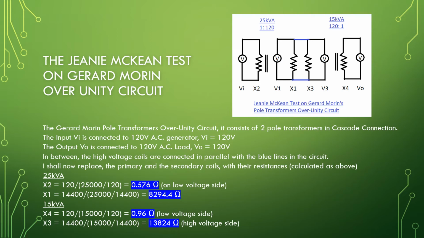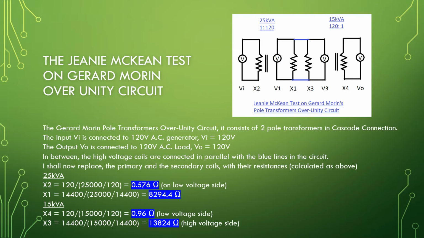X1 equal to 14,400 divided by 25,000 divided by 14,400 equal to 6,294.4 ohm. 15 kVA, X4 equal to 120 divided by 15,000 divided by 120 equal to 0.96 ohm on the low voltage side.